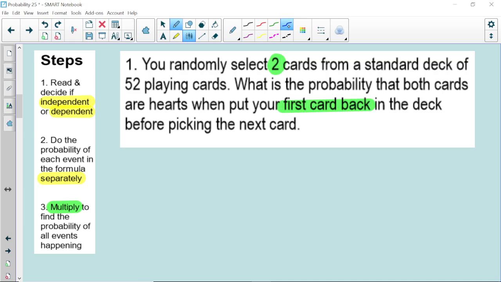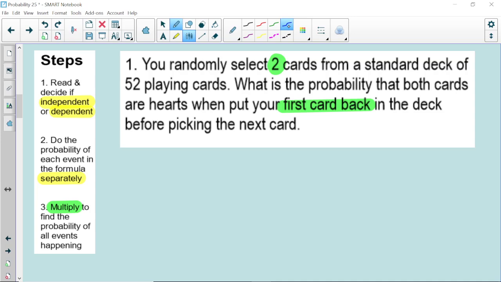The second one? Dependent? Do we agree, is this dependent? Thumbs up yes, thumbs down no? Dependent means that the first action changed something about the second action. So if we put the card back, did it change anything?